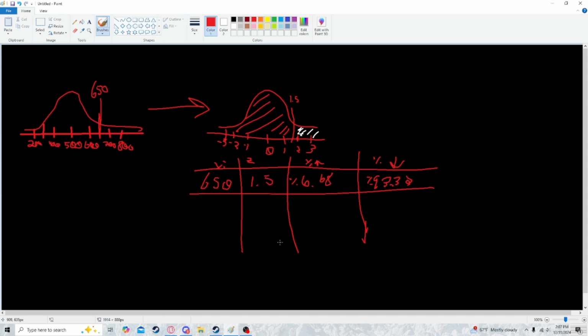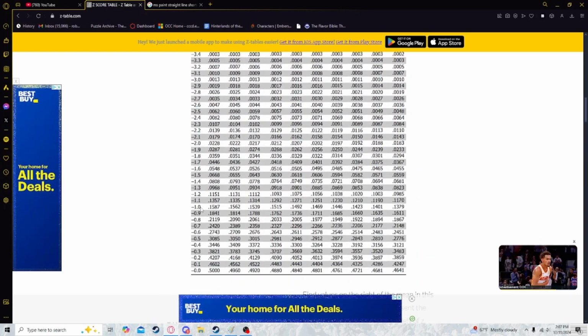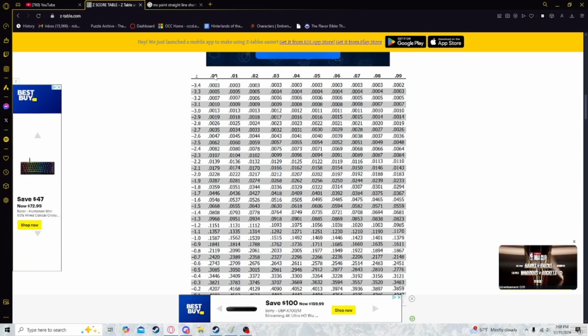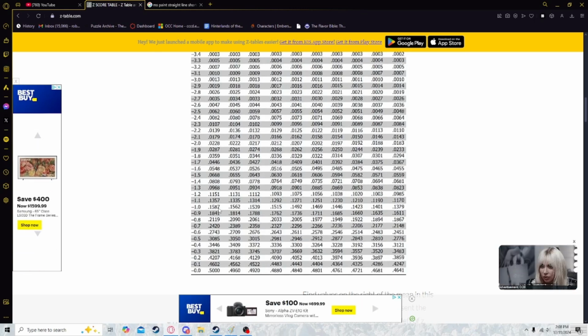Right? So going further down the list, let's go to a -1, which thankfully is the next one. The next data point is 400, which we know from just looking right here is going to be -1. Because it's a negative, we're going to go over here to the z-score table, and we're going to look for -1, with nothing in the 10th place right here, which is going to be .1587.